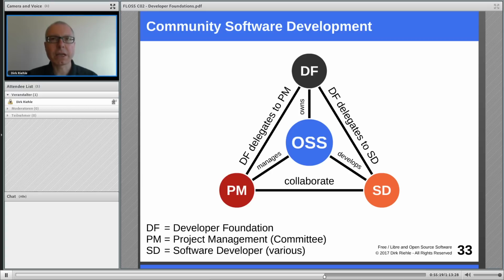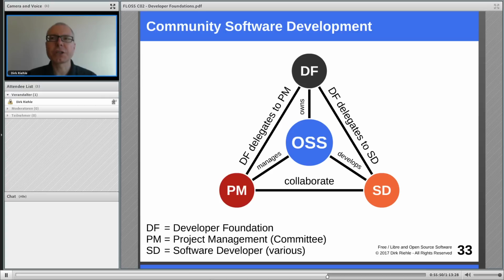So for that, you need to manage the community open source software. And so there's the developer foundation who in one form or another owns the open source software, maybe by way of trademarks or what have you. But because it has clear bylaws, it has open governance, it's actually a representative of the larger community interested in the open source software. So owning it only means it's a steward in a sensible way of it.